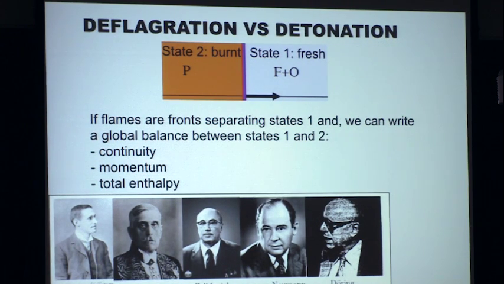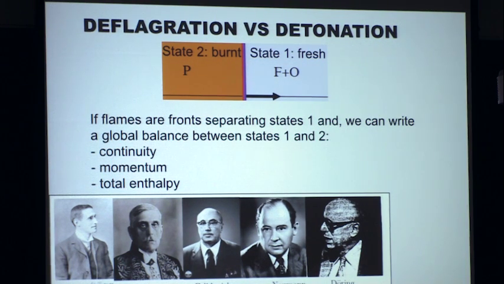You can have multiple solutions. Here you can have at least three solutions. The first solution is no flame. Okay? If no one ignites, no one's smoking here, nothing will happen. The second thing is if you start to ignite this thing, you can have a flame, which is what we call a deflagration. And if you ignite it too strongly, or for other reasons, you can go to a detonation. And you need to know the difference between the two.